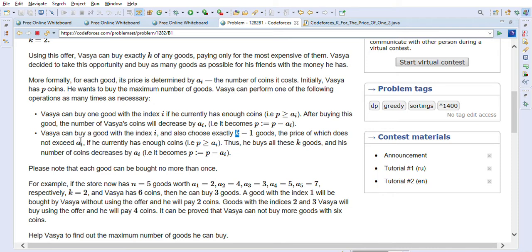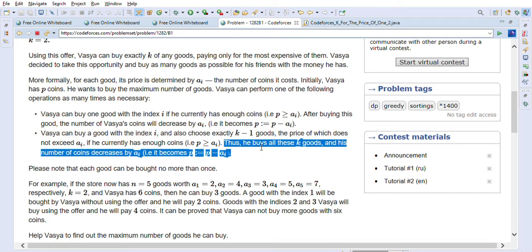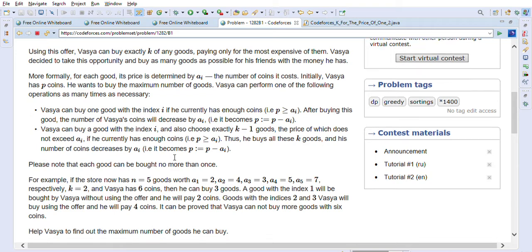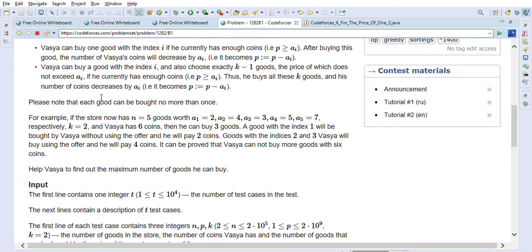He gets that item for free, right? If he currently has enough coins, he buys all the K goods and his number of coins decreases by a_i. Please note that each good can be bought no more than once.